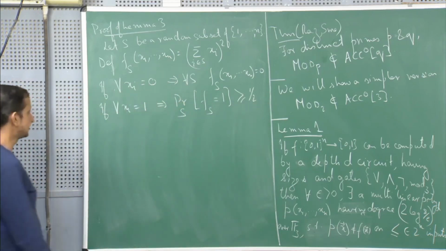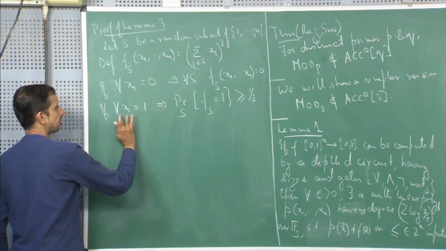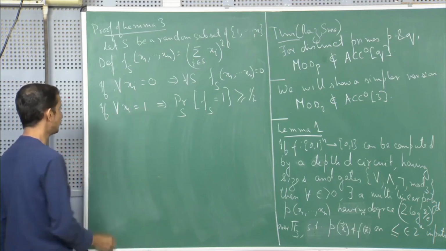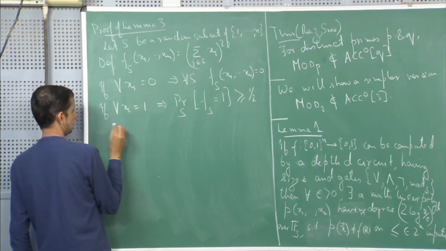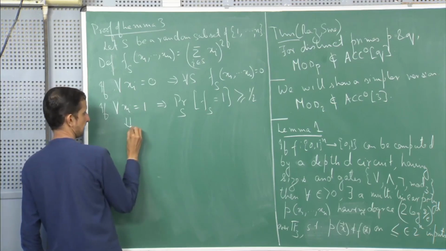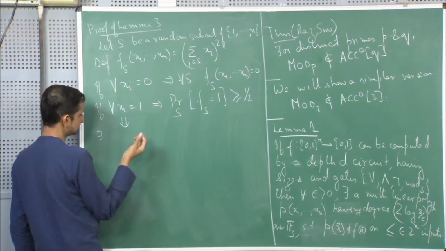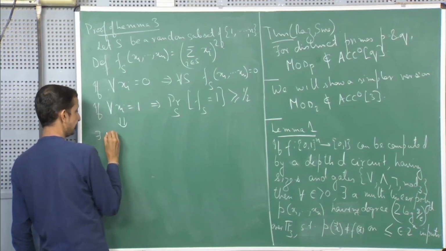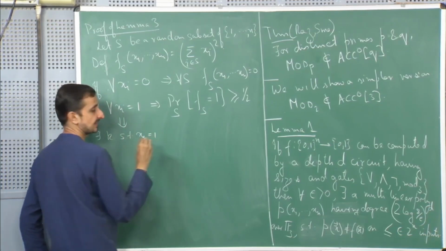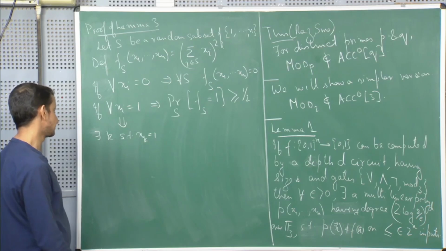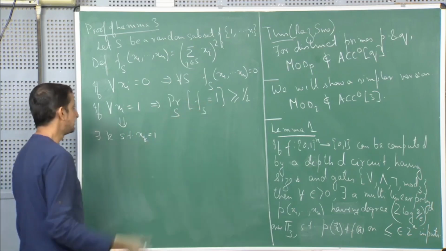And this is actually quite simple to see. So, how can we see? Suppose the OR is equal to 1, then what do we know? That there exists some k such that x_k is 1, there exists at least one index. Now, I will basically break down this probability into two parts.